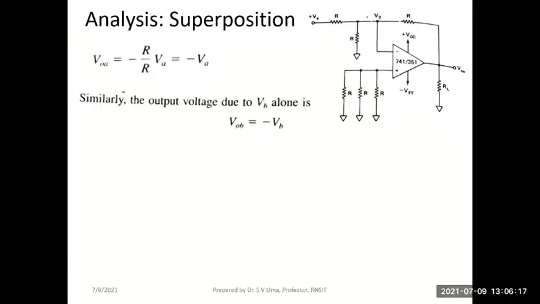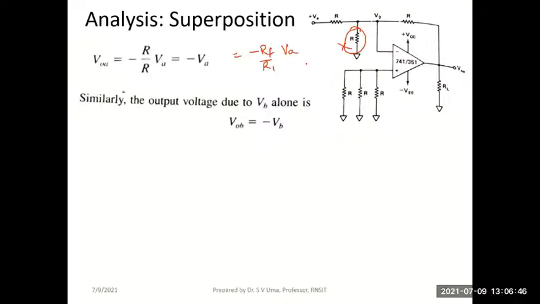So you will simply see that the circuit is working like an inverting amplifier. This grounded R has no effect. The input VA is fed through a resistance R to the inverting terminal and the feedback resistor is also R. So the output voltage is minus RF by R1 into VA.